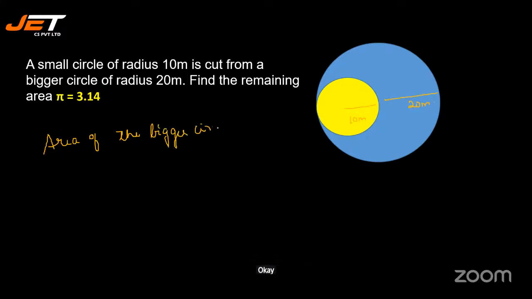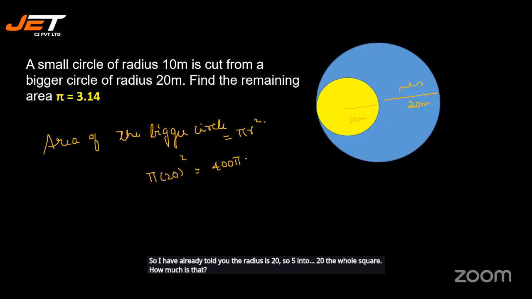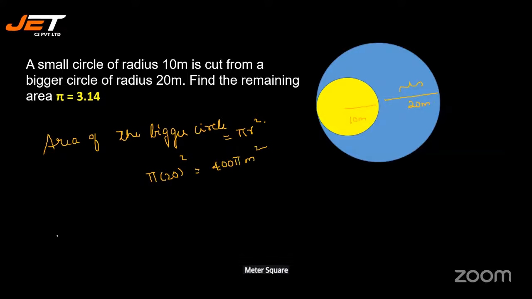What is the area of the bigger circle? Pi r square. So I have already told you the radius is 20. So pi into 20 the whole square. How much is that? 400 pi meter square.